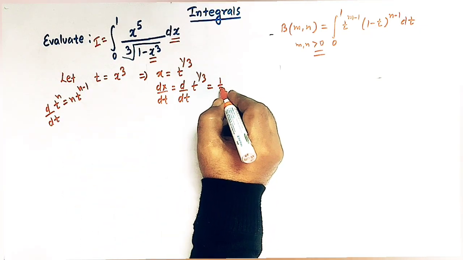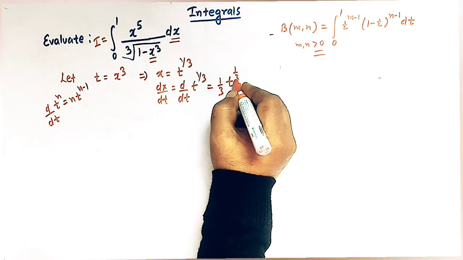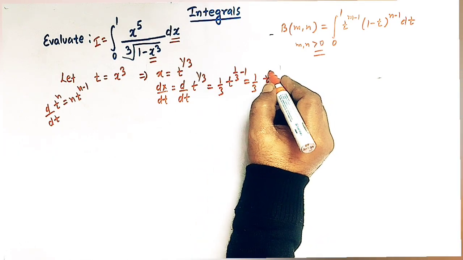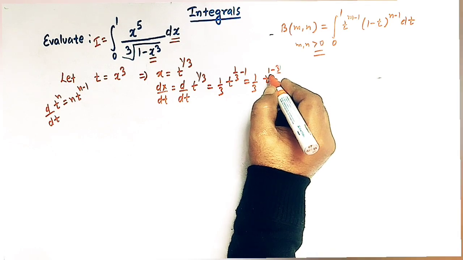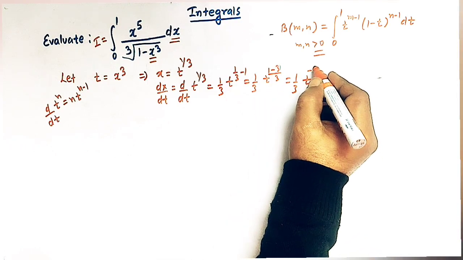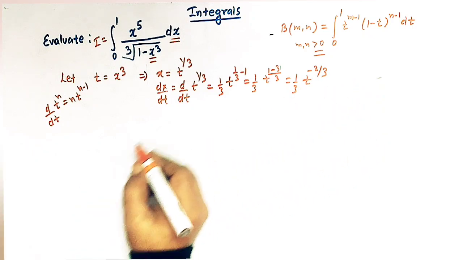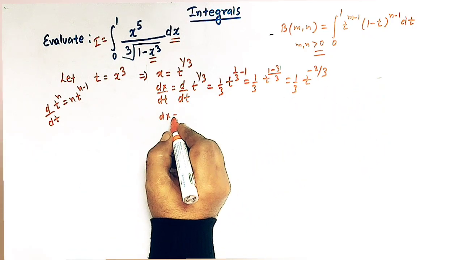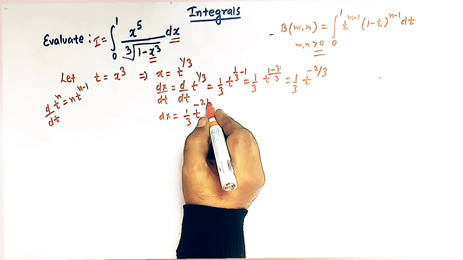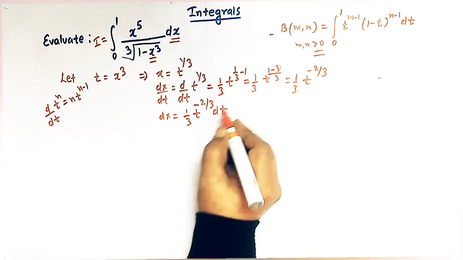So we have 1 over 3 t raised to 1 over 3 minus 1, that is 1 over 3 t raised to minus 2 by 3. So we can now write dx is equal to 1 over 3 t raised to minus 2 by 3 dt.